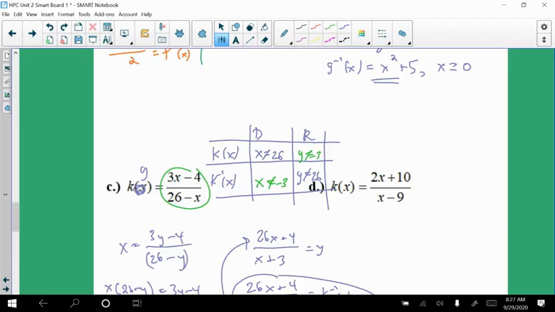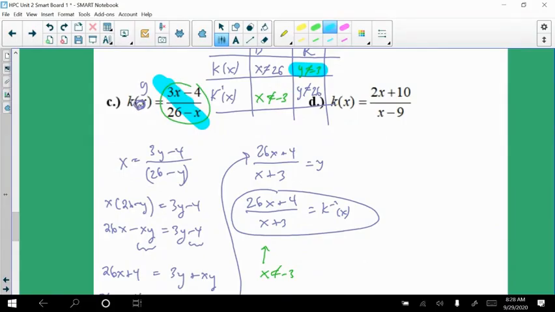But here's a hindsight. It was there the whole time, right? Think about this. This is a function that has a horizontal asymptote at negative 3, because it's 3x to negative x. So even then, I should have been able to know: horizontal asymptote, y can't equal negative 3.